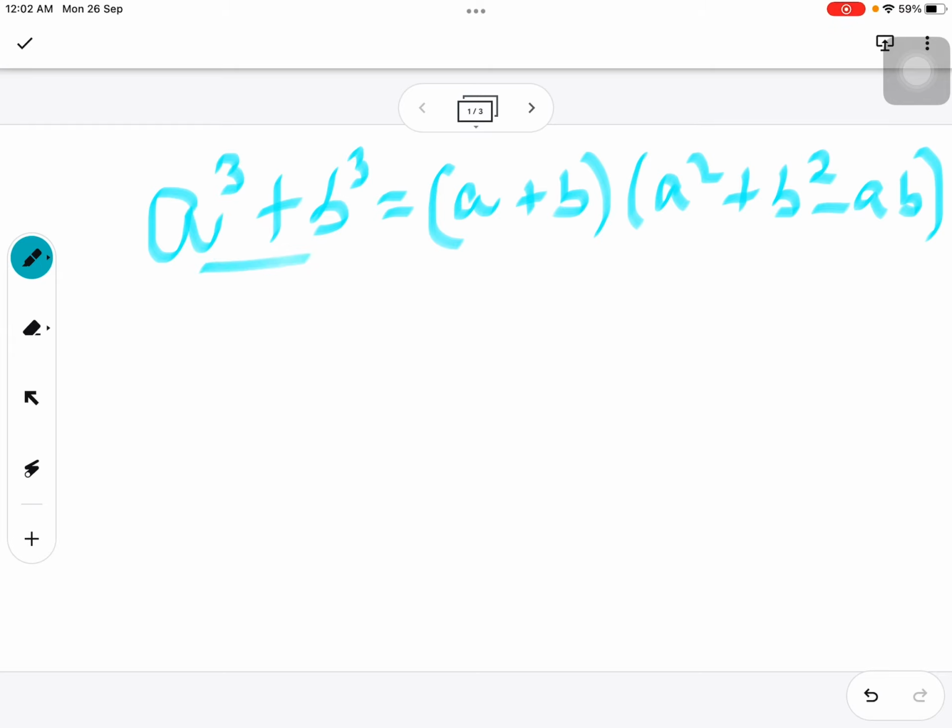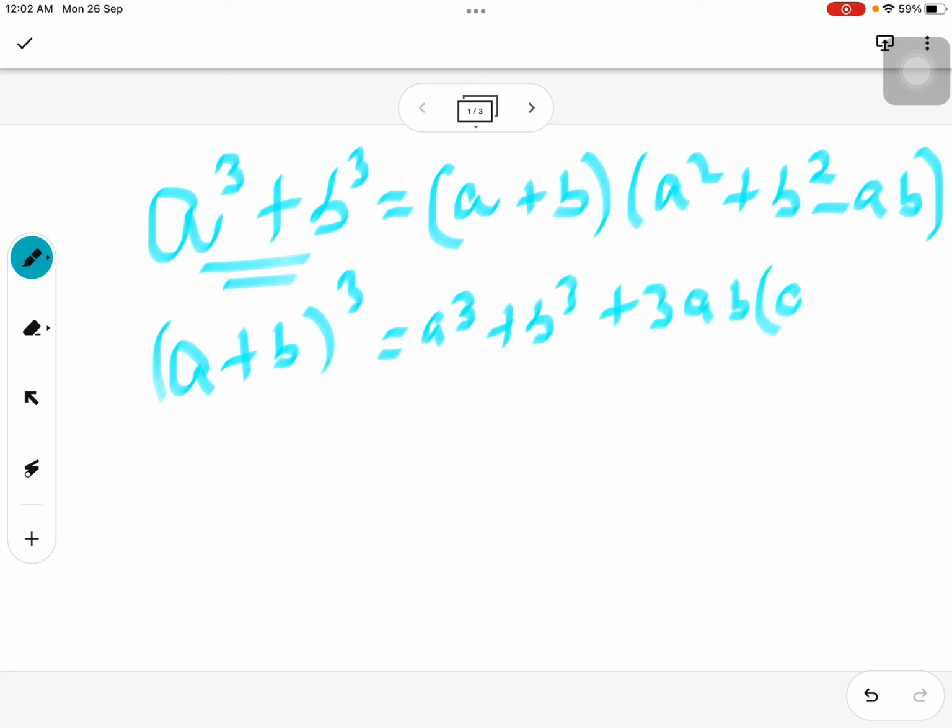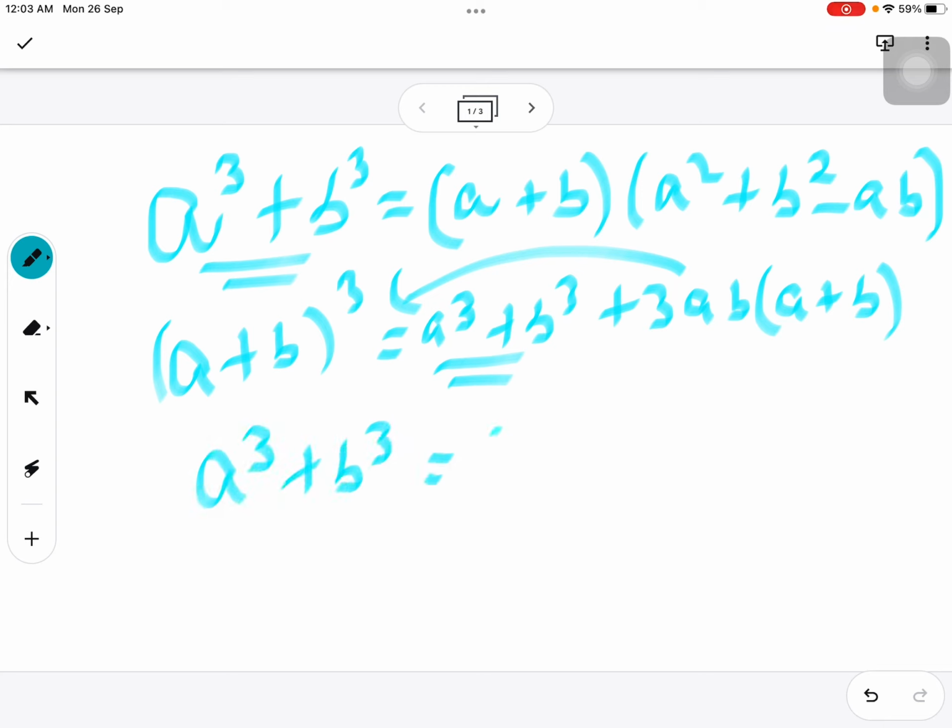This one also can be written as, we can use this basic formula, a plus b whole cube is equal to a cube plus b cube plus 3ab into a plus b. Now you keep a cube plus b cube on the LHS and send everything else to the other side. So this becomes a cube plus b cube is equal to a plus b whole cube minus 3ab into a plus b.